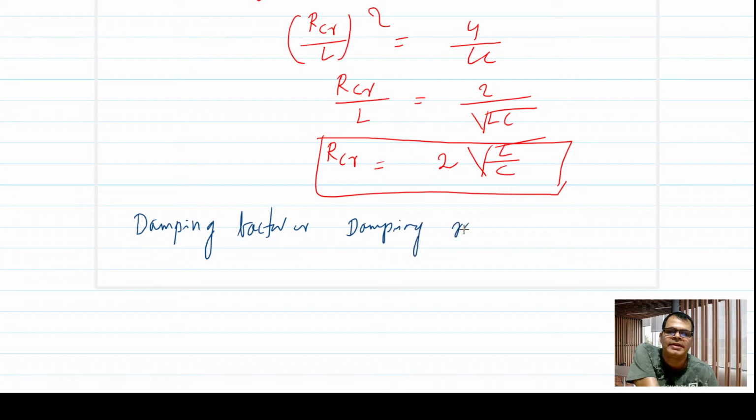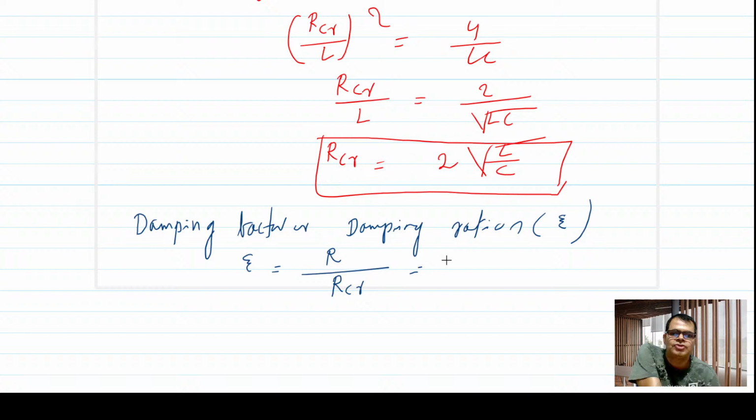Why it is called a ratio, you can now understand. This is termed as zeta. Zeta is equal to the actual resistance in the circuit upon the critical resistance for the circuit.